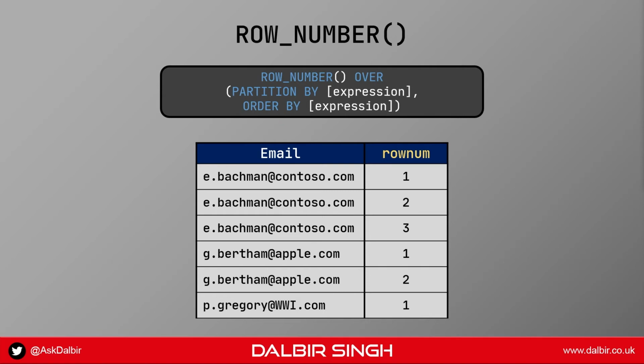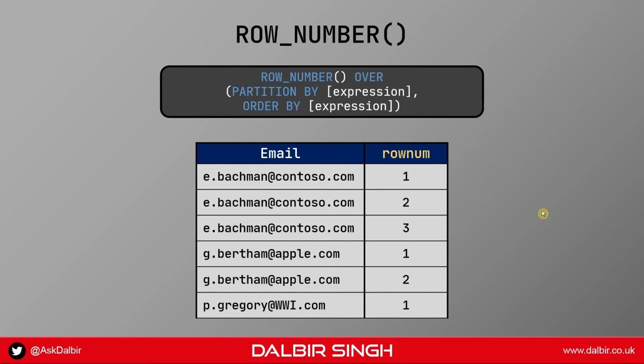Well, what I meant by that was the order by only applies to the window that it's in. So if we imagine that we had another column here called created date, and you wanted the latest email address row to be in position 1, then you'd simply put order by created date descending, and for each window it's going to order the rows based on that statement.